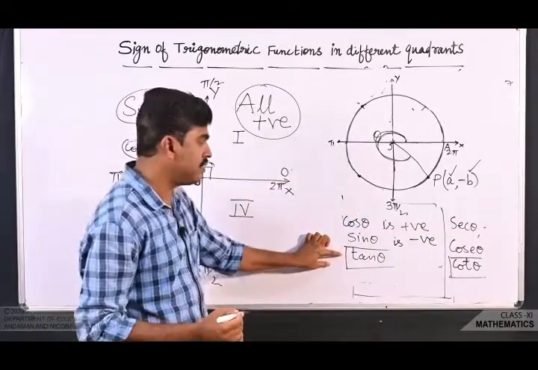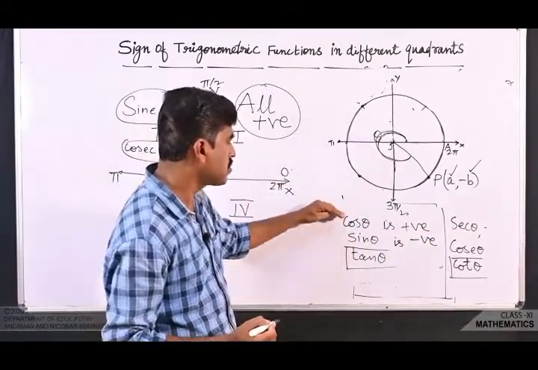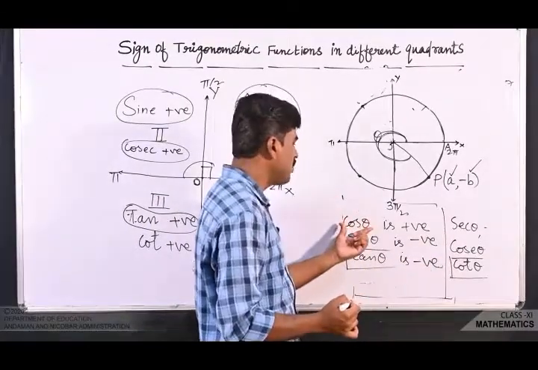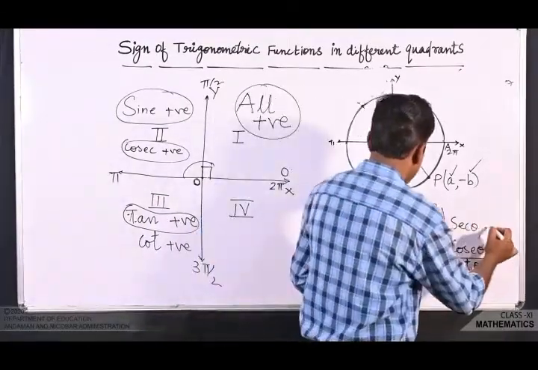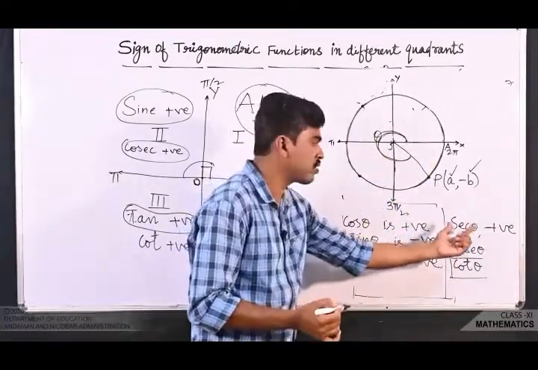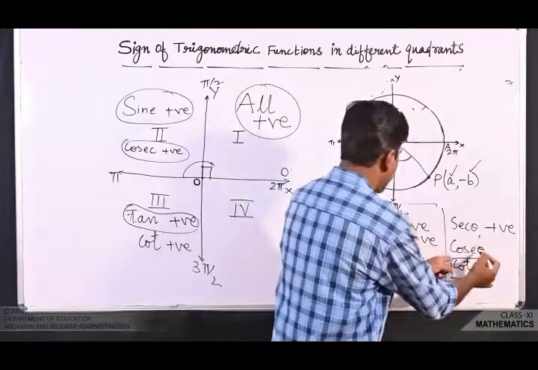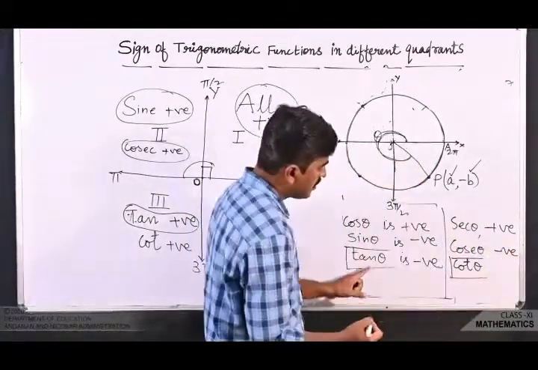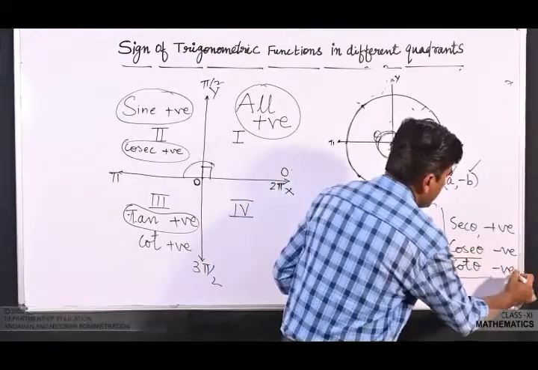So what about tan theta? Tan theta is sin upon cos, so it is also negative. And the reciprocal of cos, that is sec theta, is positive. As cos theta is positive, sec theta is also positive. And what about cosec theta? The reciprocal of sin theta is negative. And tan theta is negative, so cot theta is also negative.